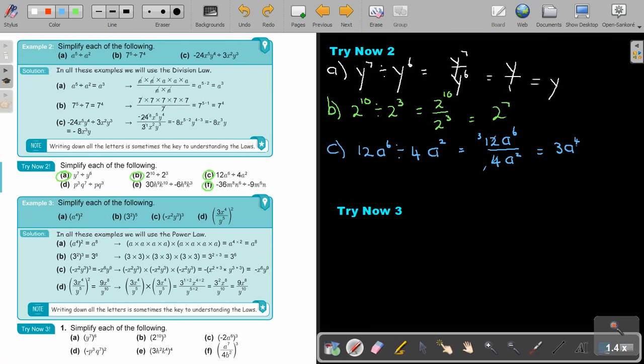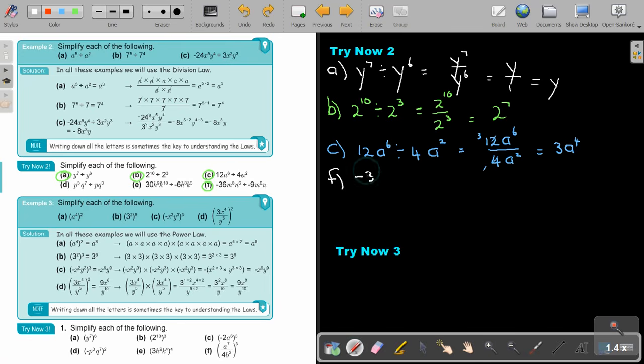Okay. And then the next one, just want to check quickly something. Okay. The next one is number F. Now, I'm already going to write it in the correct format.